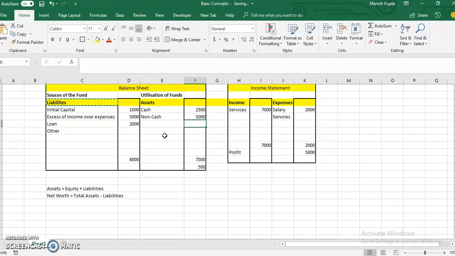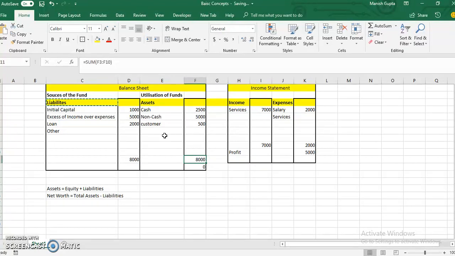One customer wants to have a credit of $500 for the future, so let's enter that here. You can see that whatever transactions we do, our balance sheet always tallies. Our sources of funds and our utilization of funds always tally. This is called double entry of accounting, the basic accounting concept.